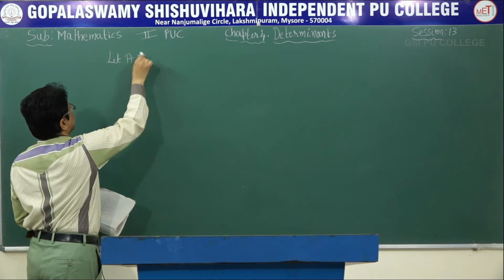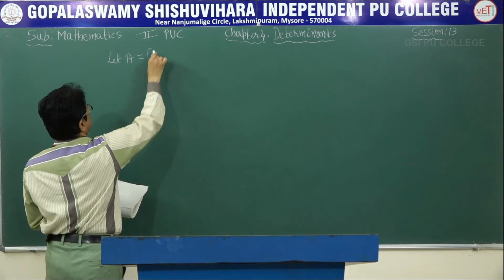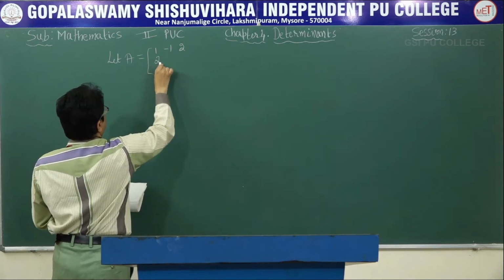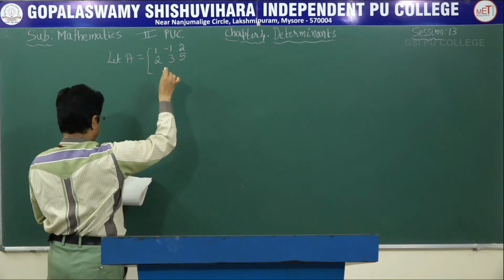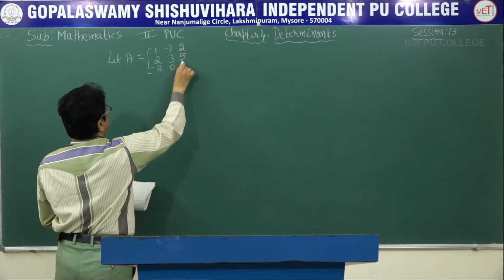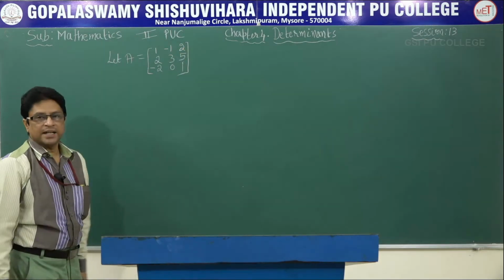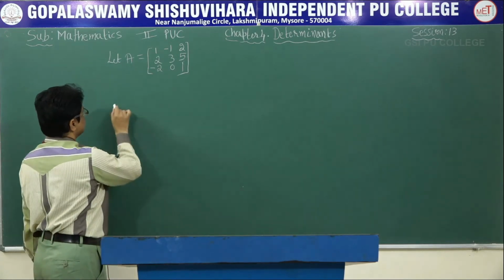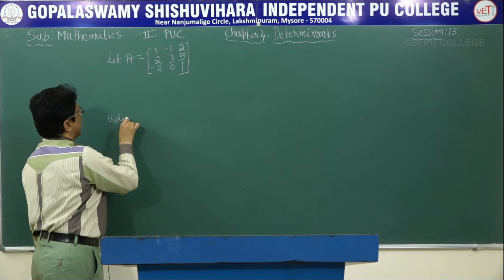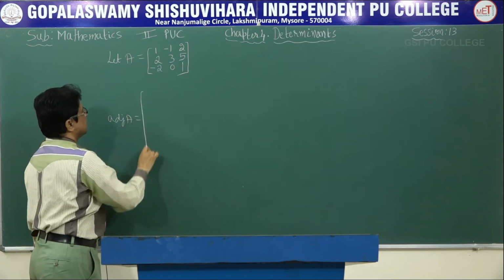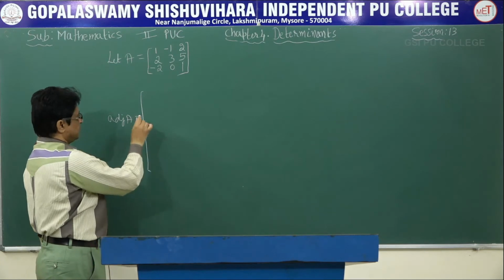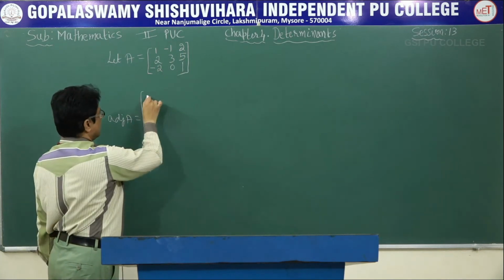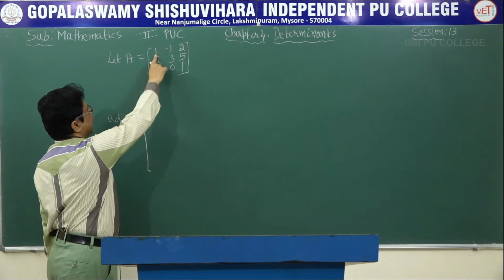Let A equals 1, minus 1, 2, 2, 3, 5, minus 2, 0, 1. Let us find the adjoint of the given matrix. So adjoint A is equal to, first we shall find the cofactor of each element. So first plus, let us find the cofactor of 1.